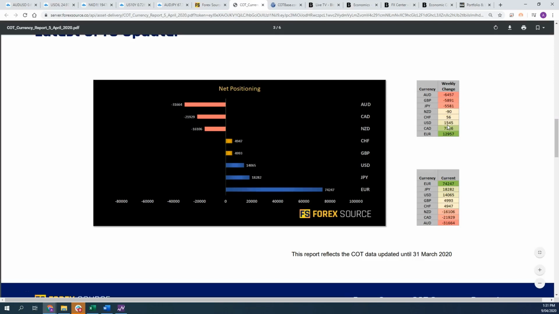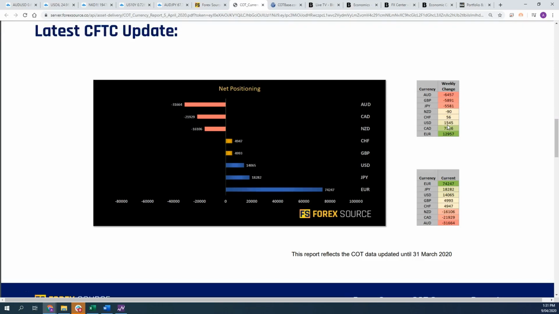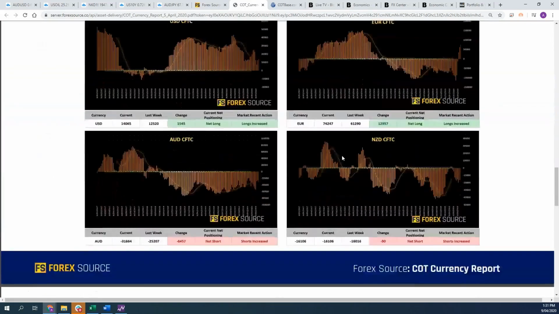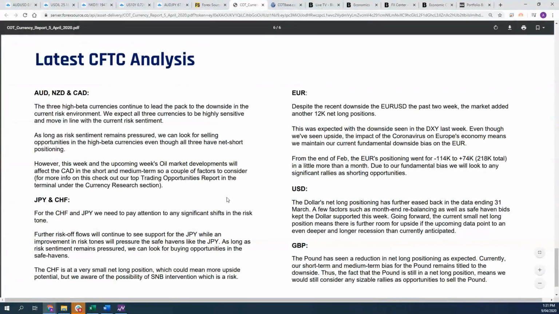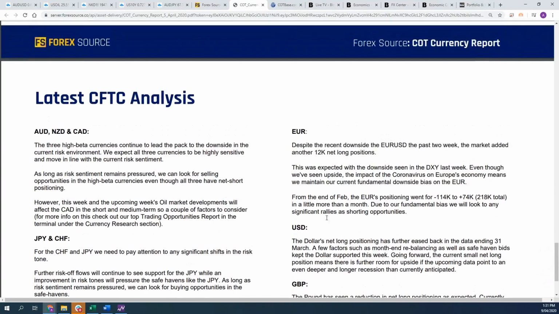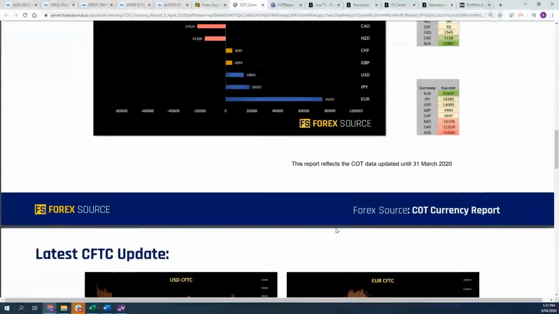Now, how we can use this data in our trading. Firstly, make sure that you read our analysis section that we have every single week in this report to help you see exactly how we see that data playing out in terms of our fundamental biases for each of these currencies. There's a couple of ways that you can use this data on a weekly basis.